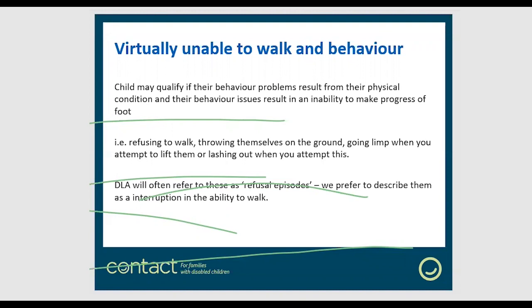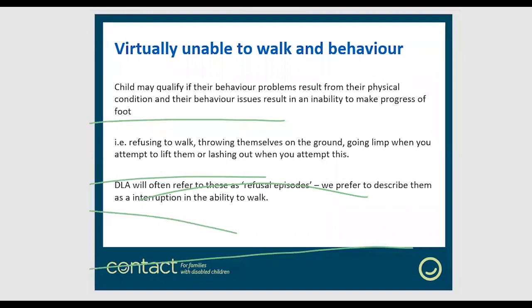But basically, we just want to get across the idea that in looking at this test and taking into account the manner in which your child walks, as long as you can show that the behavior problems they're exhibiting are connected to a condition that has a physical origin, then it's possible to argue that your child could meet this test and be seen as virtually unable to walk.